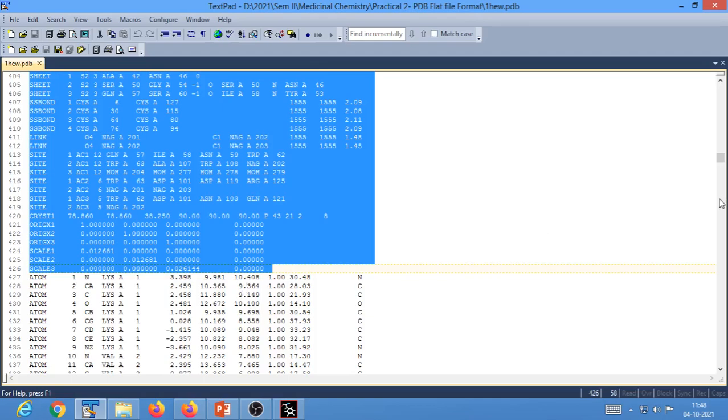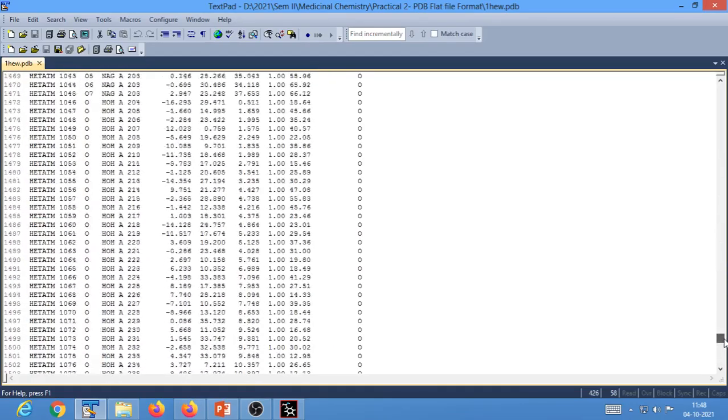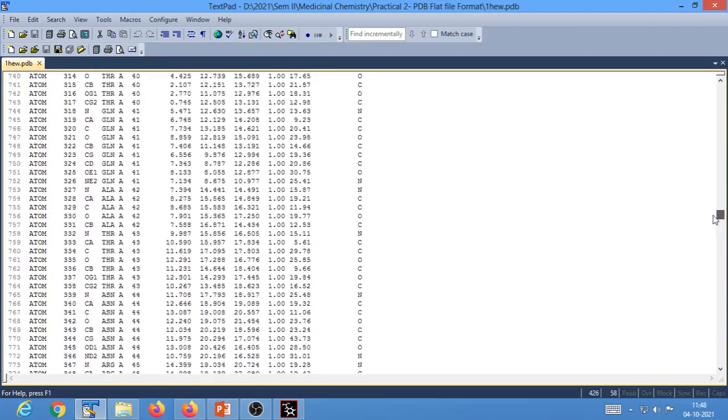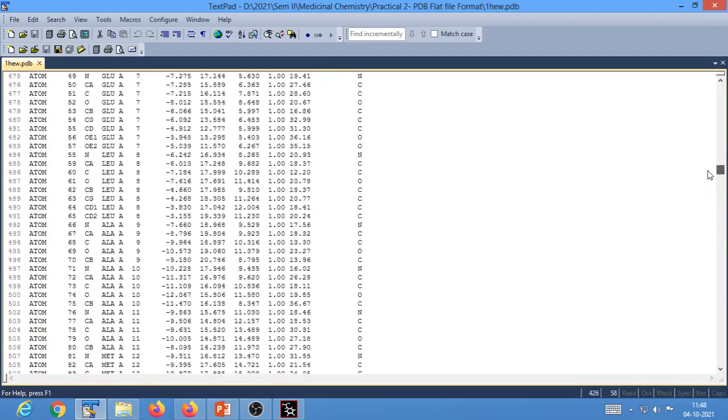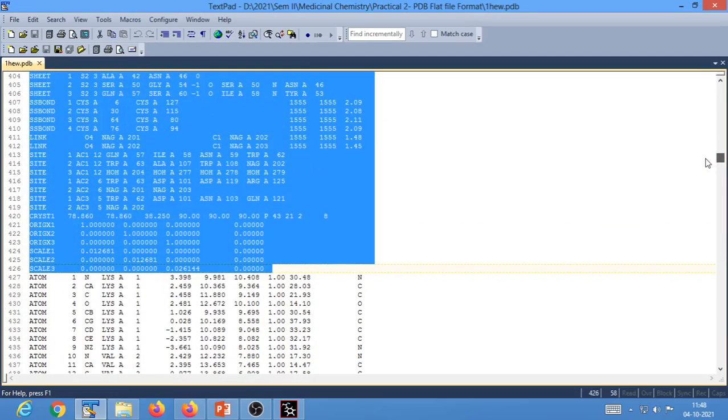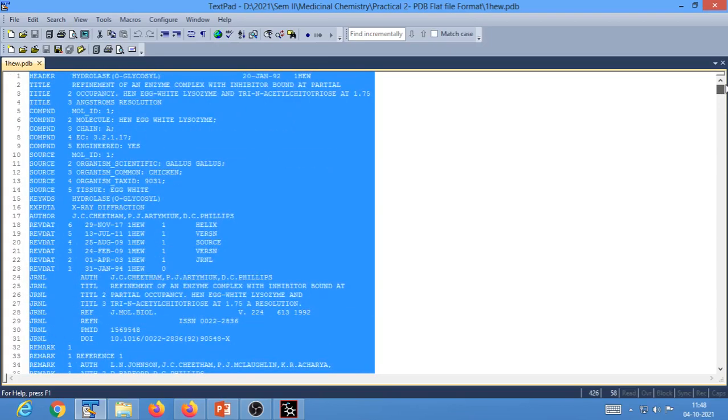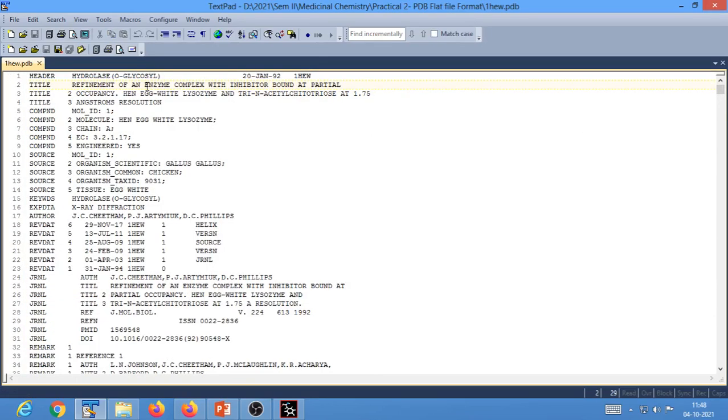So one fourth of your PDB file is devoted to the annotation section, while three fourths of your PDB file is devoted to your coordinate information. Now let us try to understand what these different keywords present in your PDB file are and what they signify.